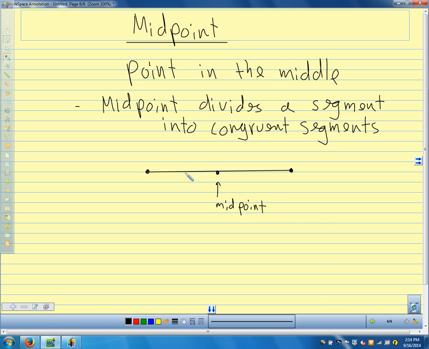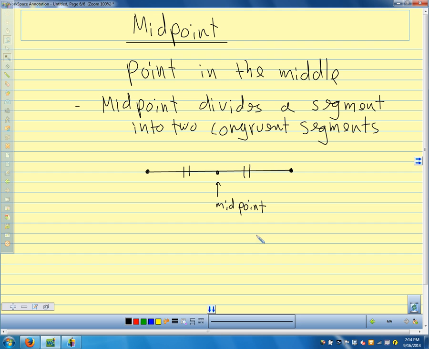So if we wanted to mark this, we would put marks like that to show that those two are congruent. Can you say into two congruent segments? Because technically you can split it up into a lot of pieces. Okay, we can say two. Two congruent segments, being a little more precise. It's a good thing. Into two congruent segments. So that works.